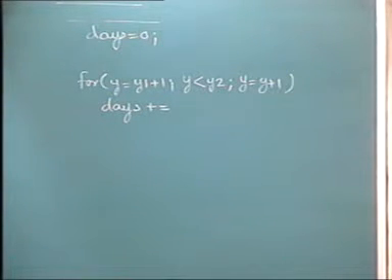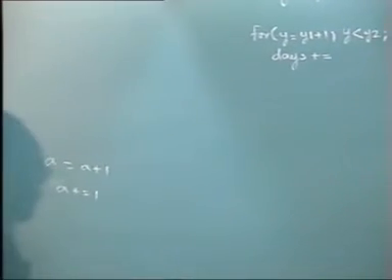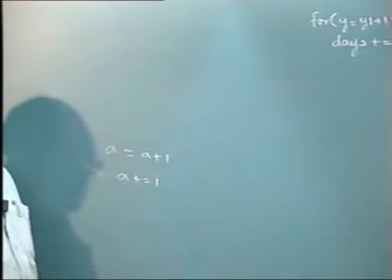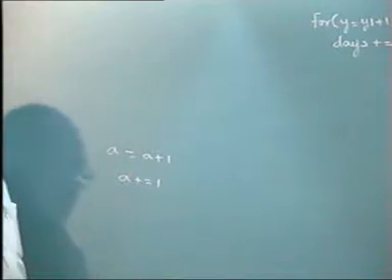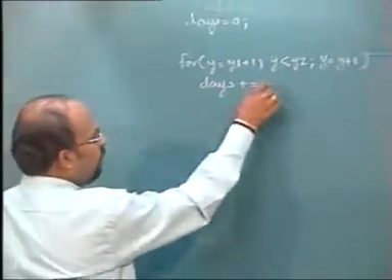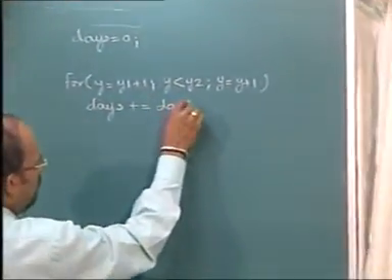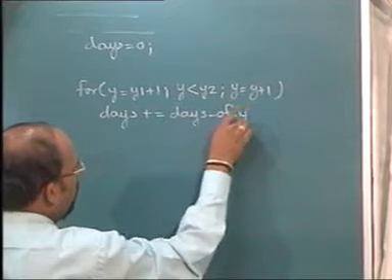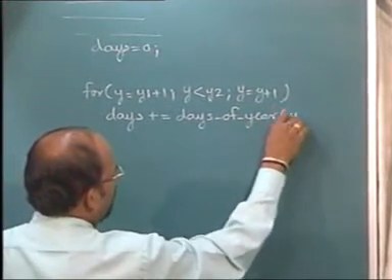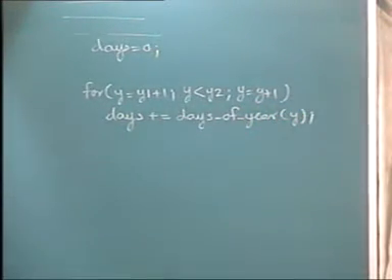Whenever you want to say a equal to a plus 1, you can always say a plus equal to 1. Means the same thing. So days plus equal to days of year y. So it will add days of year y and put it again in days only, like that.